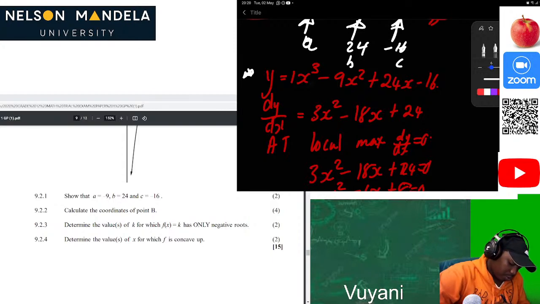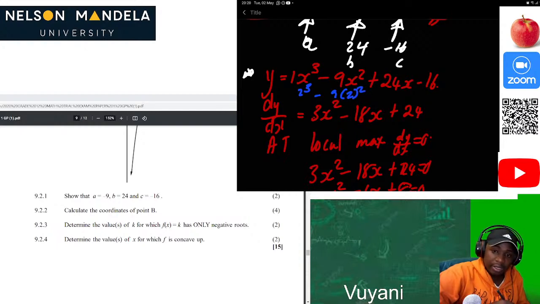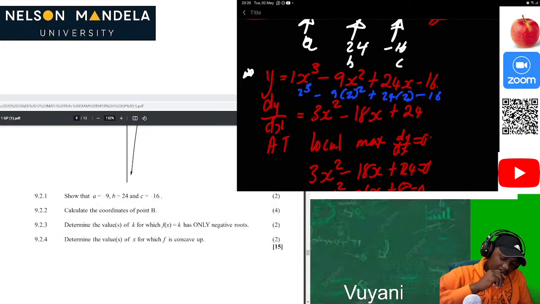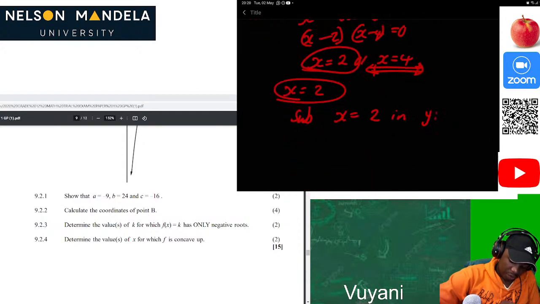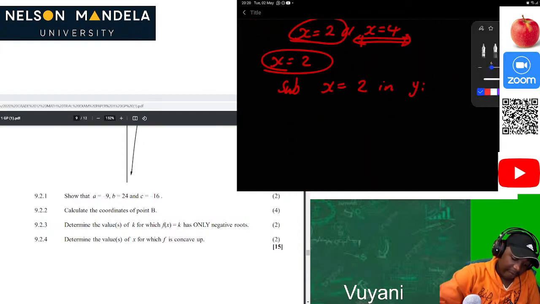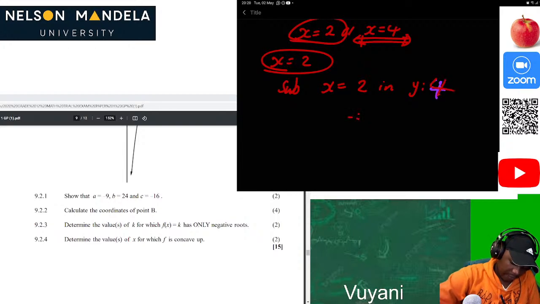That will be 2 cubed minus 9 times 2 squared plus 24 times 2 minus 16. That is 8 minus 36 plus 48 minus 16, which is definitely 4. So our y value is equal to 4. Therefore, point B will be (2; 4).